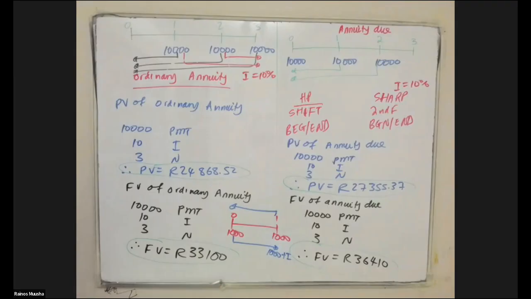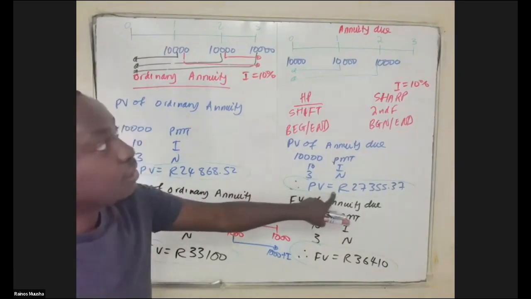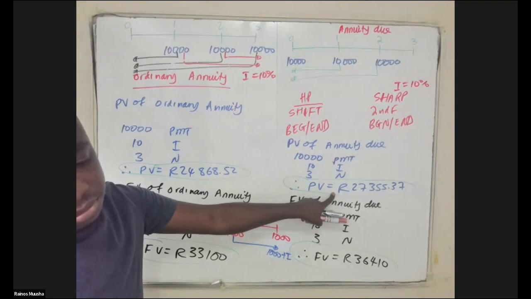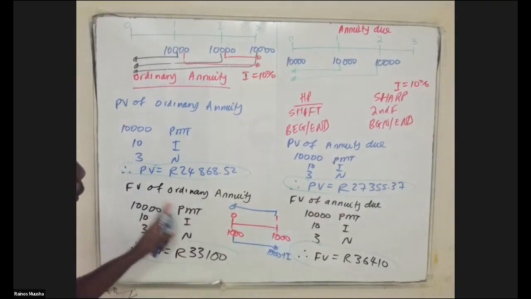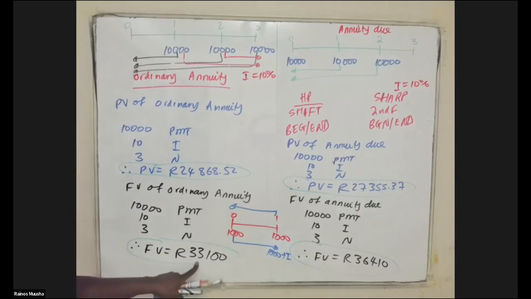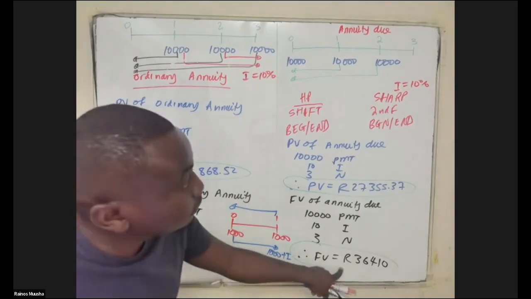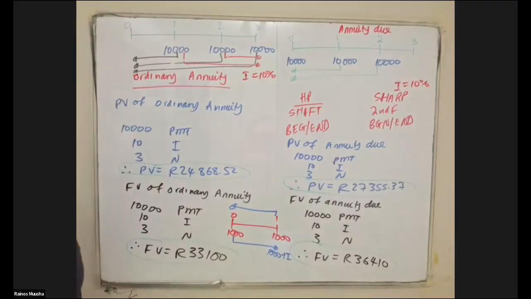So what does that mean? Under normal circumstances, the present value of an ordinary annuity is always going to be less than the present value of an annuity due. And also, the future value of an ordinary annuity is always going to be less than the future value of an annuity due, given that everything else is the same.